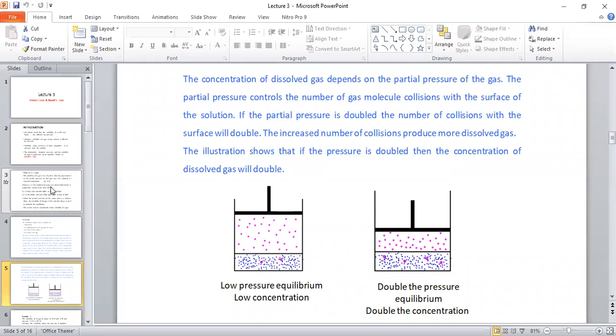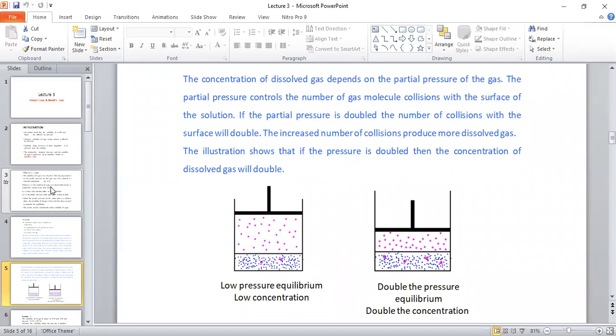So when you build more partial pressure, more molecules will collide with the surface and go into solution. If the partial pressure is doubled, the number of collisions with the surface will also double. The increased number of collisions produces more dissolved gas.